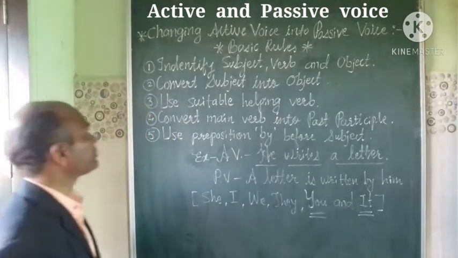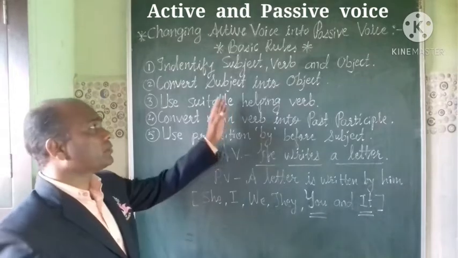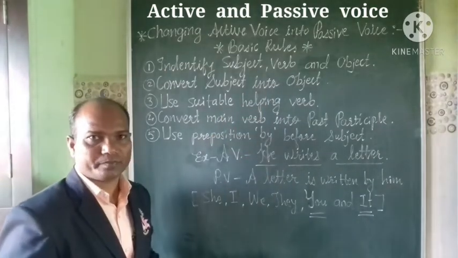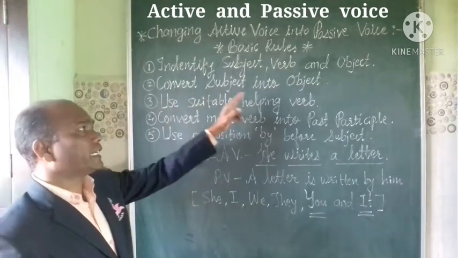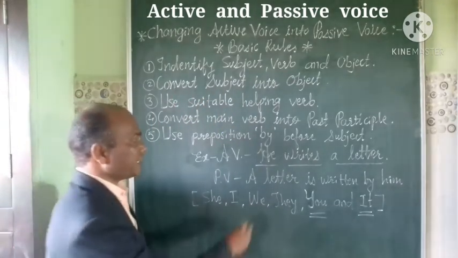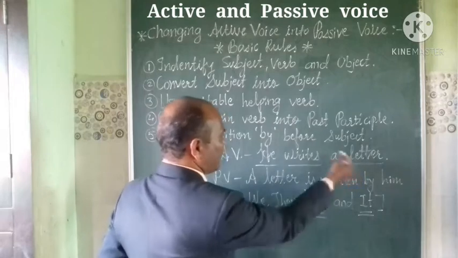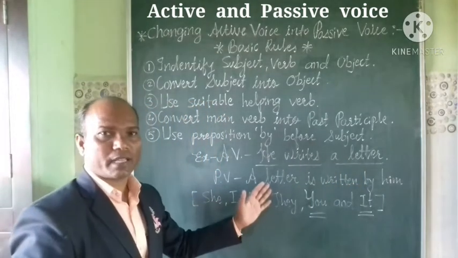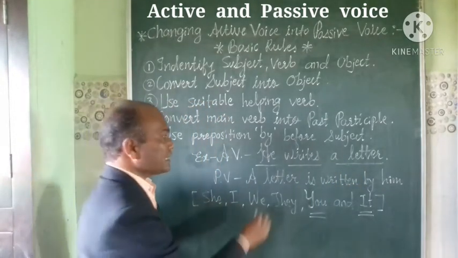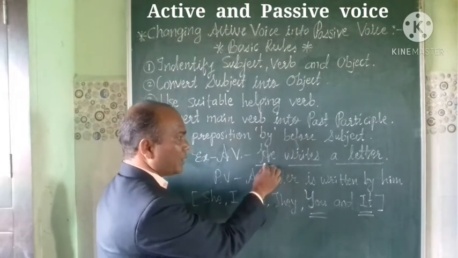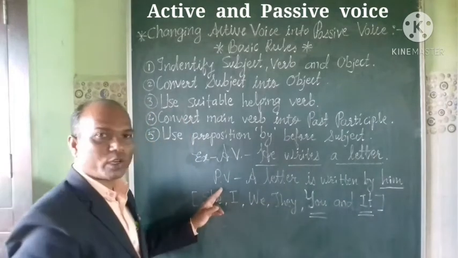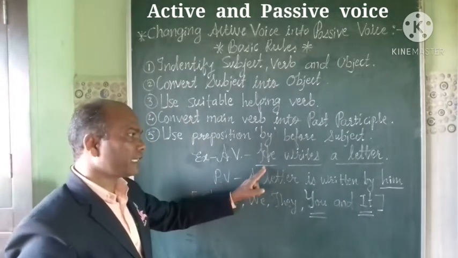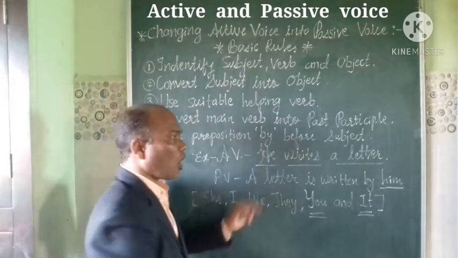Let's see that. Convert subject into object. We have to interchange their places. Here the subject, he, becomes the object in the passive voice.